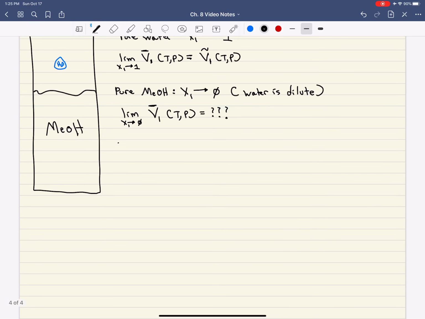And to develop some sort of quantitative framework for figuring out and estimating that value, what we need to do is explore more in depth the properties of these partial molar quantities and how they change as the mixture composition changes.